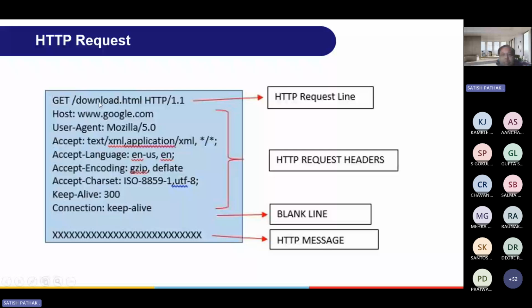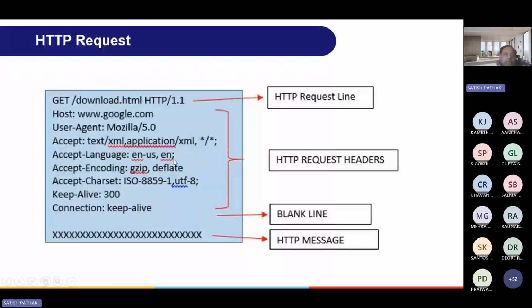Then there are the request headers. It says google.com is the host, so that is who has been requested. The user agent is Mozilla. I am accepting either text, XML, or star slash star. Accepted language shows English US or just English; this could be UK actually.